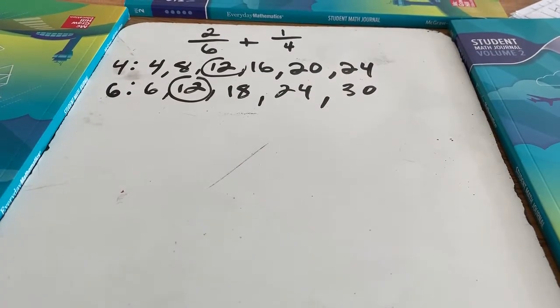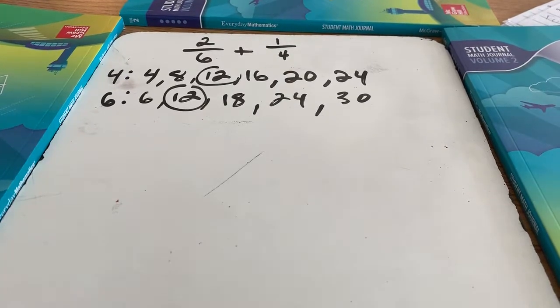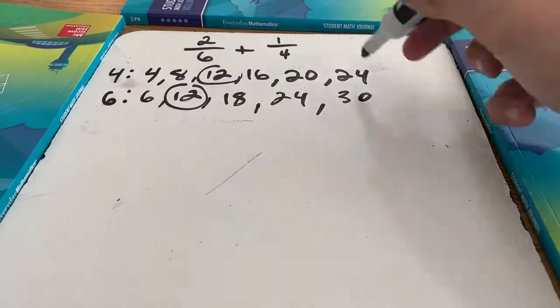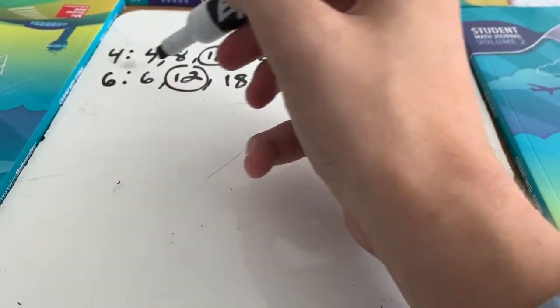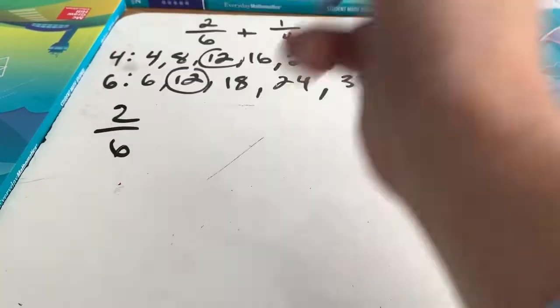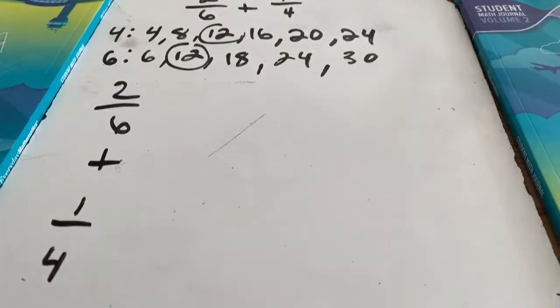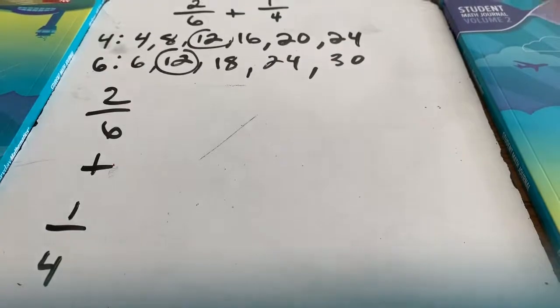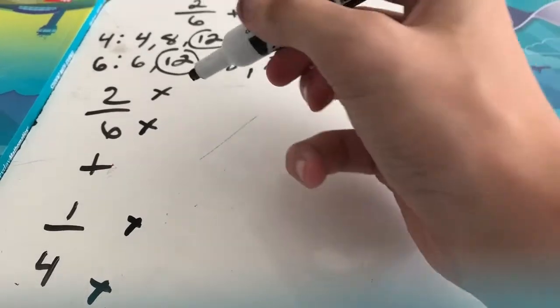Now, one of the most important parts of this is how you set this problem up. If you mess up the setup, or if you mess up this step, you're going to be messed up for the rest of the problem. The first thing I'm going to do is write my fractions. 2/6 plus 1/4. Now I'm going to be multiplying these to find equivalent fractions, so I'm going to put some times signs there.